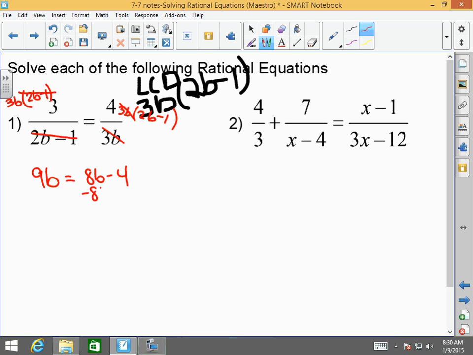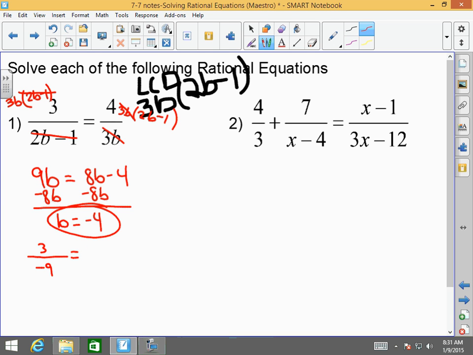Now it's simple. Subtract 8b to both sides, and b equals negative 4. However, you must check the answer. So that means you have to plug this b back into the original equation and see if it does work. So I'm going to plug it back in. 3 over 2 times negative 4 is negative 8 minus 1 is negative 9.